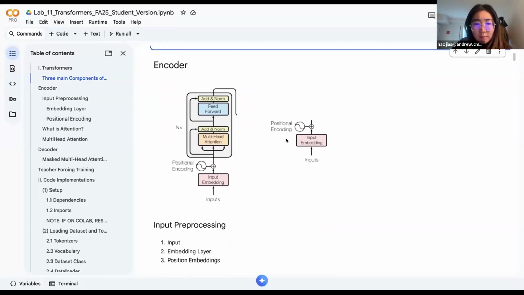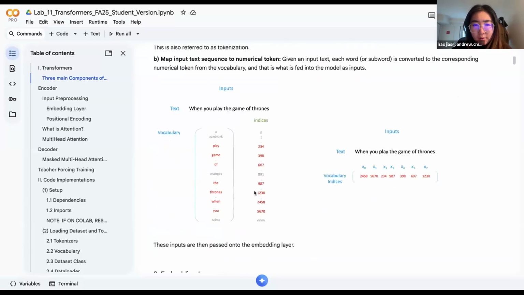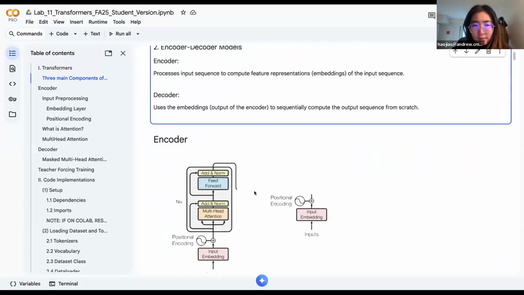So here's the basic architecture. But to be honest, this architecture from the paper is really old. And for the latest transformer architectures that people are using right now, they are changing where the layer normalization is.